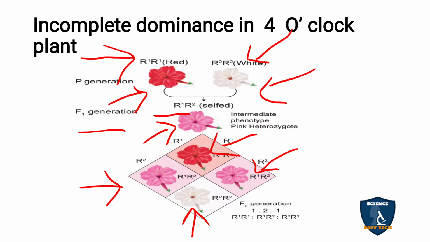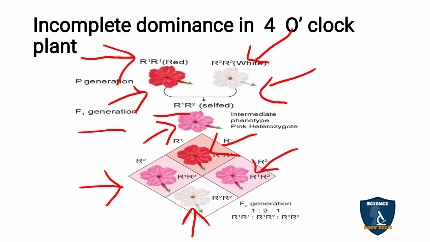You have one R1 and one R2. For protein synthesis, that is to activate the particular enzyme to synthesize the pigment, two R1 genes are needed, that is two copies are needed. But here how many copies are there? Only one copy of R1.